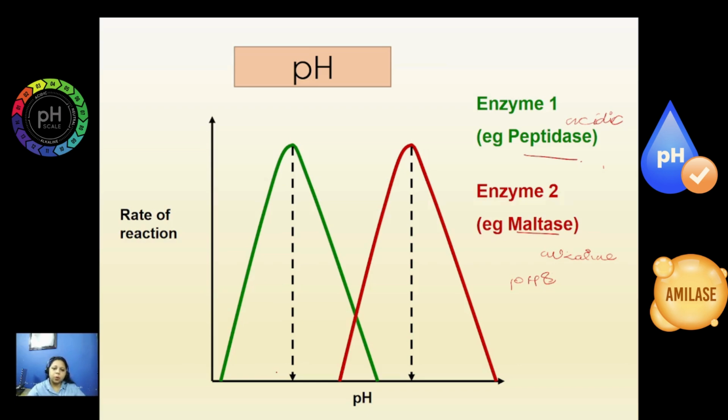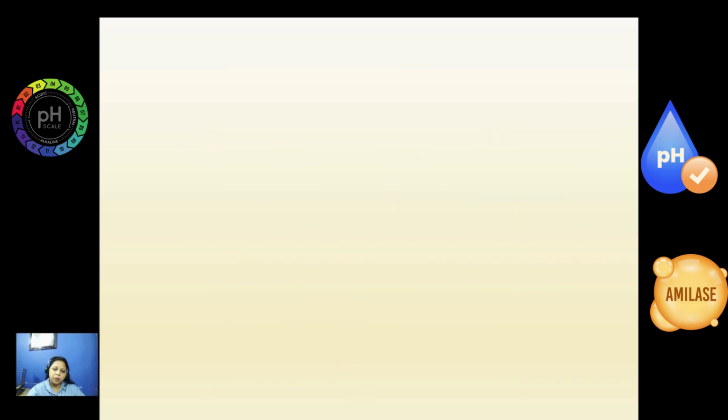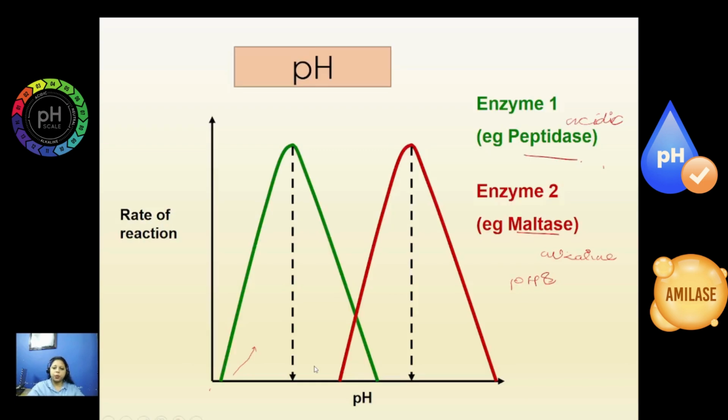Let's say this one is your peptidase, enzyme number one, represented with the green line. The activity will increase when the pH is increased. Let's say from 0, it's increasing to 2. At 2, the rate of reaction, or the enzyme activity, is maximum. But by 5, it denatures.